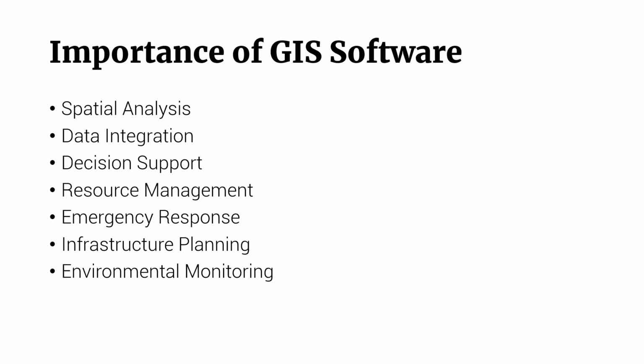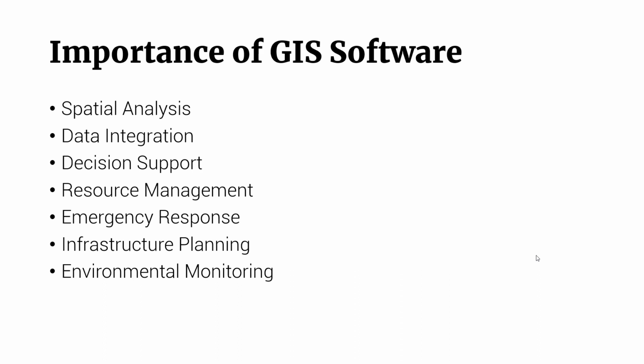Okay? Number 4 is resource management. Ano naman itong resource management na to? So, in natural resource management, GIS software assists in monitoring and optimizing resource utilization. This includes applications in forestry, agriculture, water resource management, and many more.